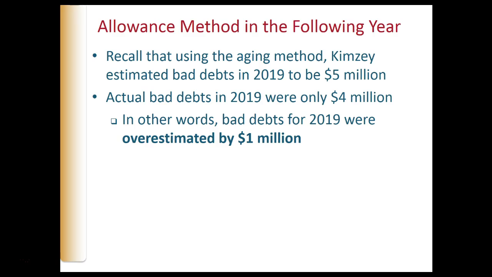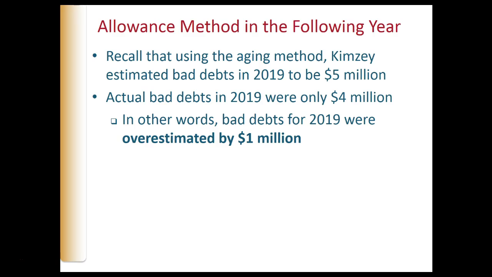Companies must make an estimate of future uncollectible accounts at the end of each year. However, the actual bad debts will very likely differ from the estimate of bad debts. So, for example, in our previous example, when Kimsey used an aging schedule to estimate future bad debts in 2019, they figured it would be $5 million. As it turns out, actual bad debts in 2019 were only $4 million.